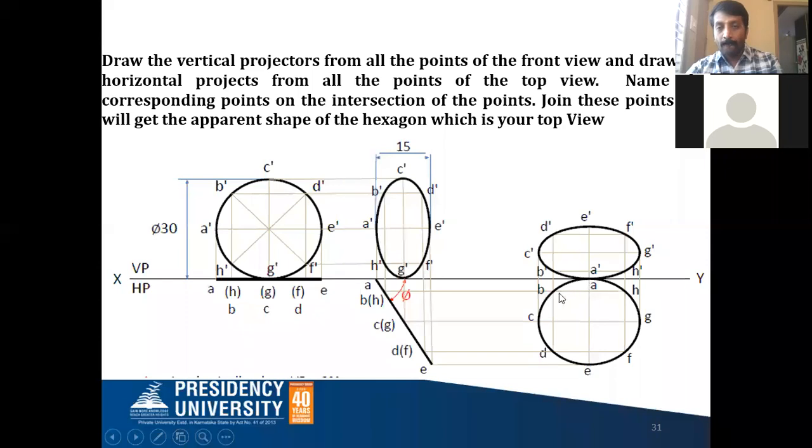So this is A, B, B dash, this is B, C, C dash, this is C, D, D dash, this is D, E, E dash, this is E, F, F dash, this is F, G, G dash, this is G, H, H dash, this is H. Now one more ellipse you are going to get. So this is how you can complete this particular exercise also.